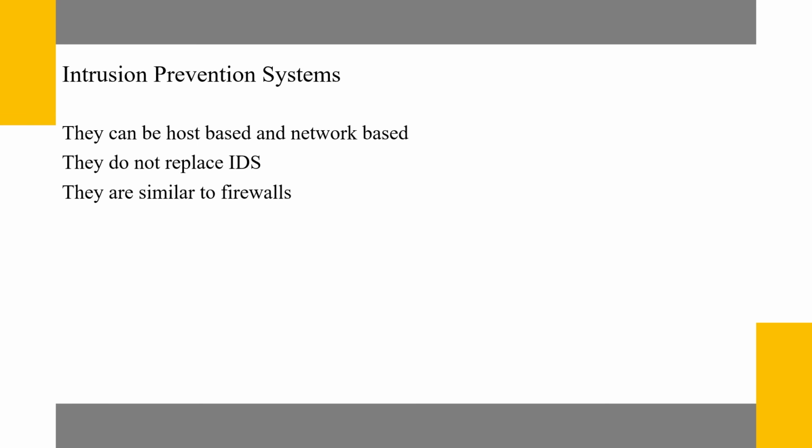An IPS must drop packets, meaning that it must have 0% false positives. If it has false positives, it is dropping your customers' packets, which, let's just say, is not nice. Another issue you will encounter is that you will have far fewer rules to work with. So it is important to understand that an IPS cannot replace an IDS.